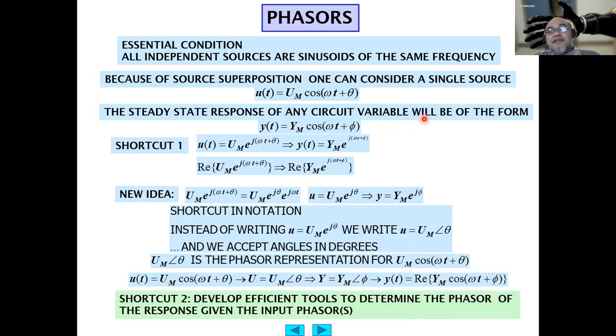That is why this is steady state analysis. Later we will learn about frequency dependent response in a different chapter. Now we develop efficient tools to determine the phasor of the response given the input phasors.